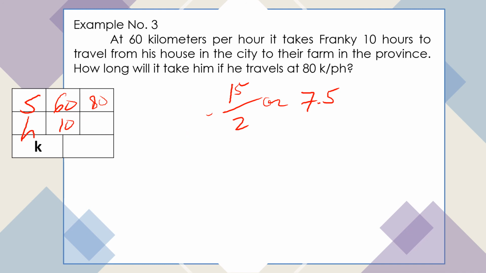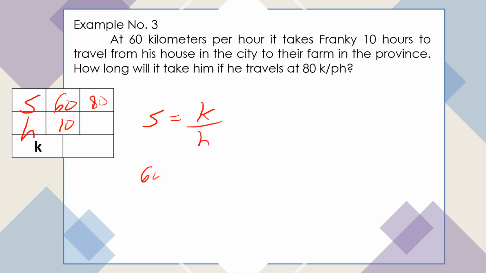Ngayon, pinakita ko yung shortcut. Ngayon, isolve natin siya ng utay-utay. Kung pareho ba ang kalalabasan. Okay, hanapin muna natin yung K, 60 kilometers. Ibig sabihin siya ay inverse. Since na siya ay inverse variation, S equals K over H. Yan, hanapin natin yung K. Substitute natin yung value ng S. We have 60.